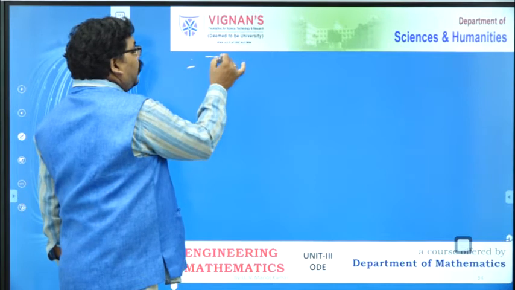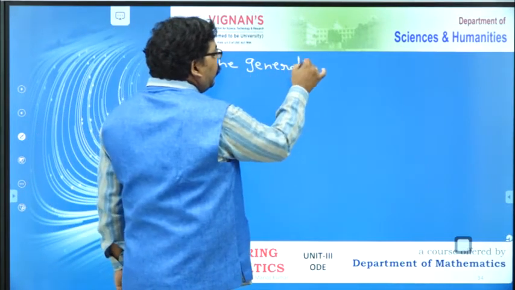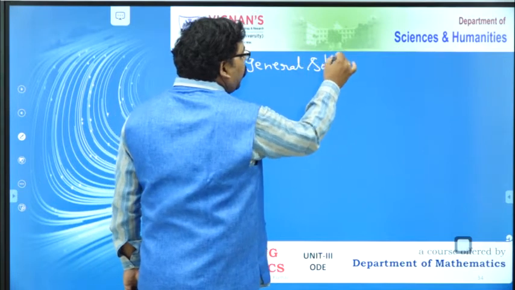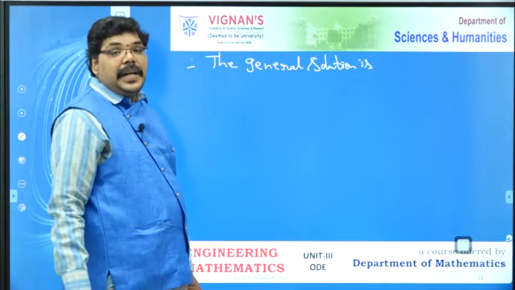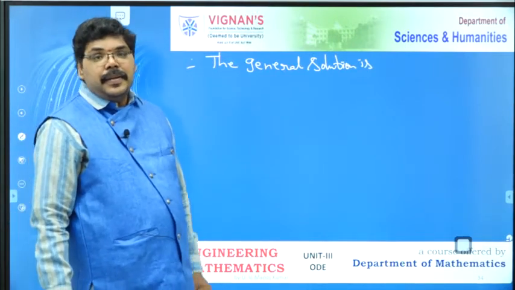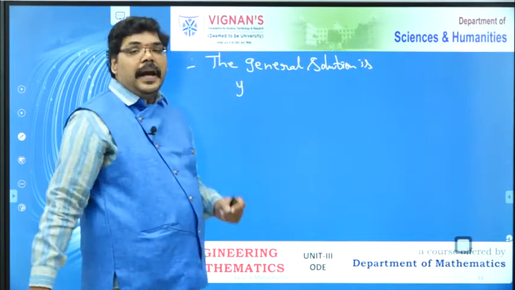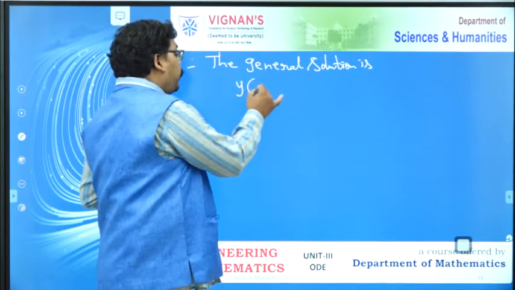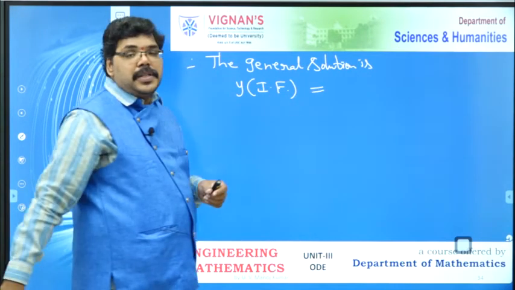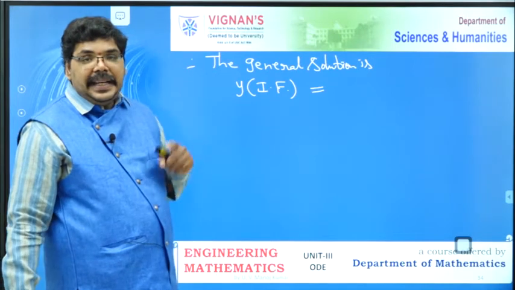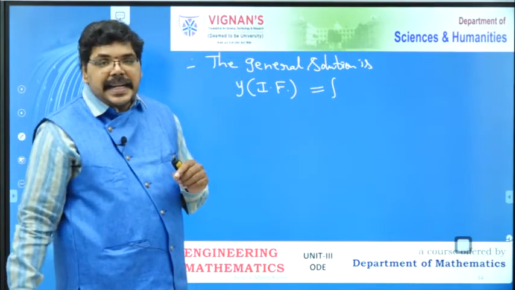Therefore, the general solution is, what is the general solution form? So y into integrating factor equals integral of the right hand side function.